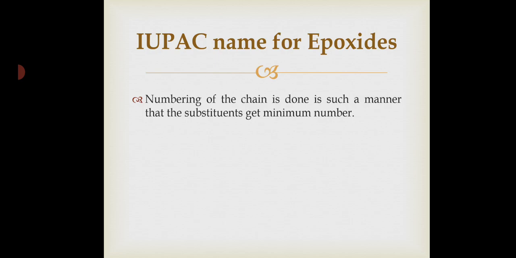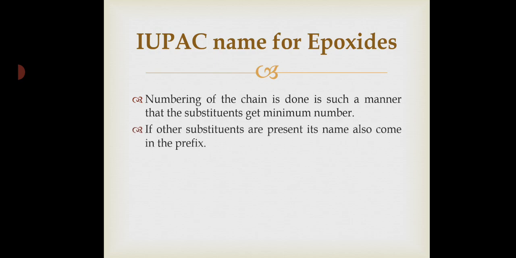If other substituents are present, they also come as prefixes. Substituents' names always come as a prefix. So the ether group behaves as a substituent and its name comes as a prefix. Along with the epoxy group, if there are other substituents, their names also come as a prefix.